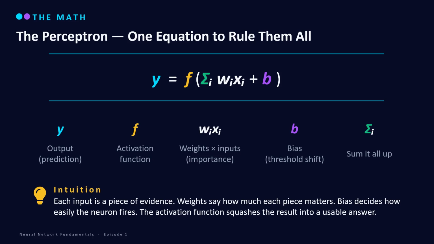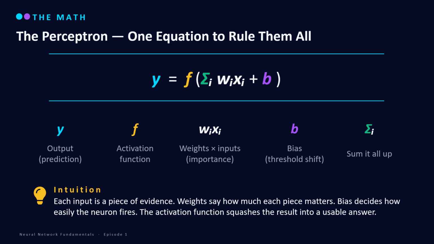Alright, here it is. The equation that runs all of AI. y equals f of sigma w_i x_i plus b. Don't panic. Let me break it down in plain English. x is your input, like a piece of evidence. w is the weight, how much that evidence matters. We multiply each input by its weight, then add them all up.